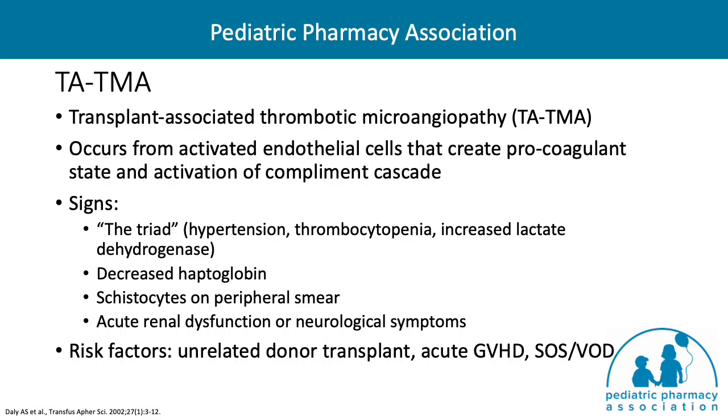Other signs include decreased haptoglobin, schistocytes on the peripheral smear, and acute renal dysfunction or neurologic symptoms. Risk factors include unrelated donor transplant, acute GVHD, and SOS.